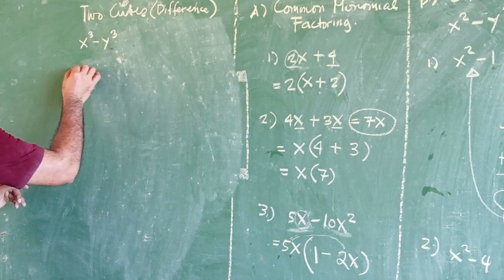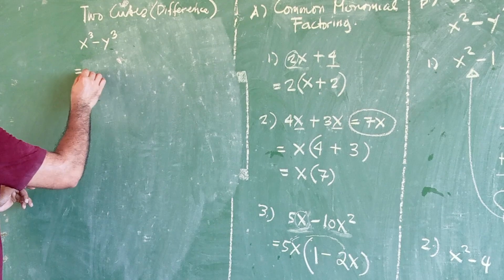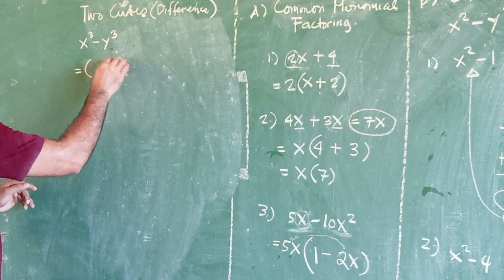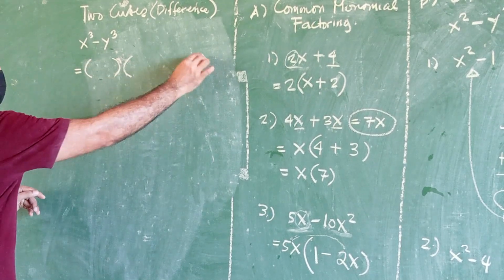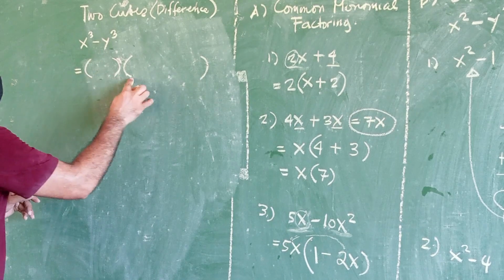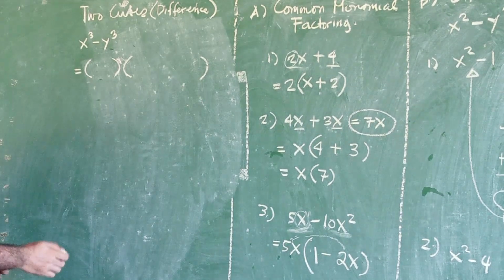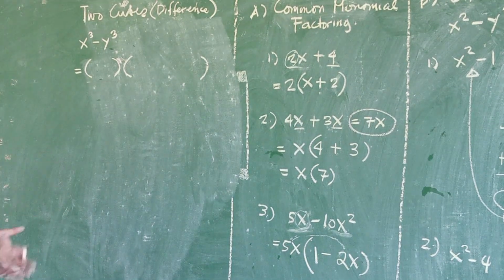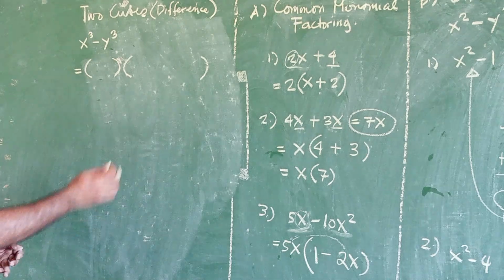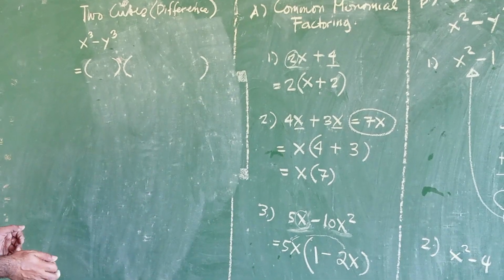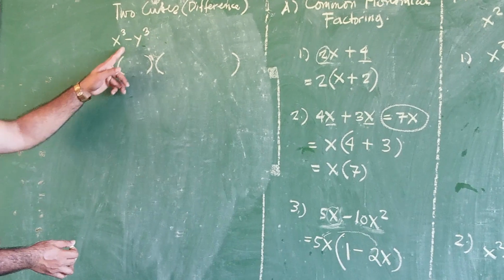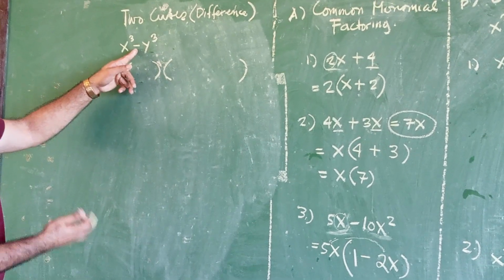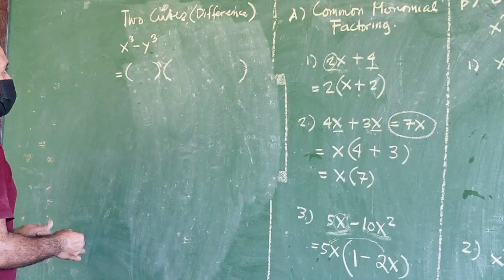To factor this out, again, the resulting factors are the product of binomial and trinomial. And for this factoring, the same process as the sum of 2 cubes, only that there is a slight difference in terms of operation.